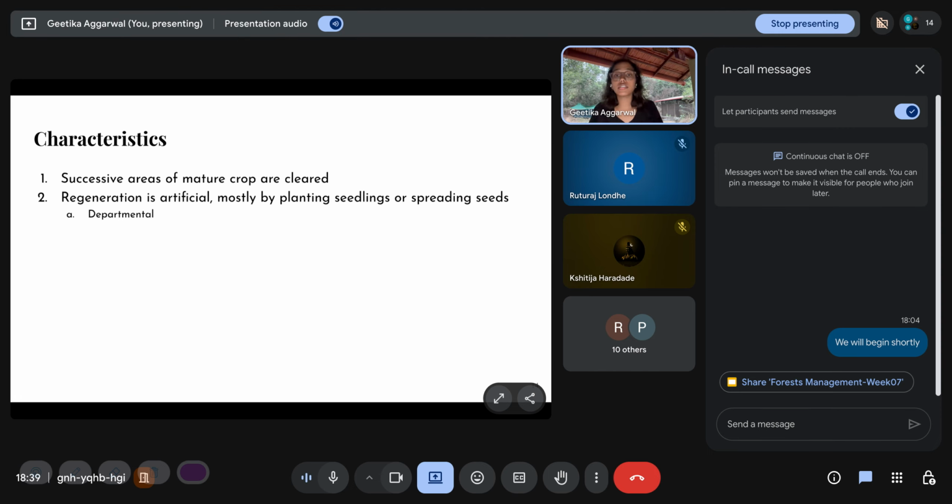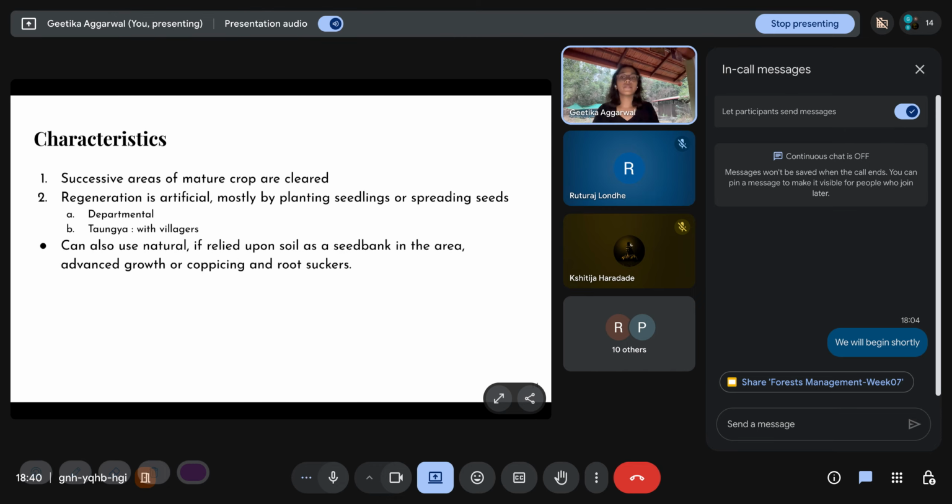Moving on to the characteristics, you can either do this regeneration in a departmental way, where the forest department is carrying out the regeneration, or you can have a taungya regeneration where you take the help of the villagers, so the department is doing the regeneration with the villagers.